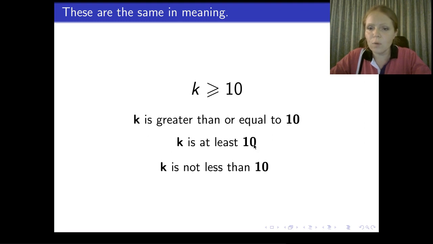So the minimal k is 10 or greater than 10, or k is no less than 10, included 10. k can be equal to 10, but not 9, not 8, not less than 10.